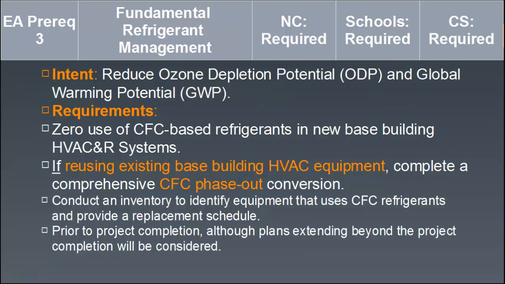You don't see CFCs spec'd in new buildings, but there are many, many older buildings that have CFCs that need to be phased out. So you need to conduct an inventory to identify equipment that uses CFCs, refrigerants, and provide a replacement schedule. This plan should be done prior to project completion, although plans extending beyond the project completion will be considered.